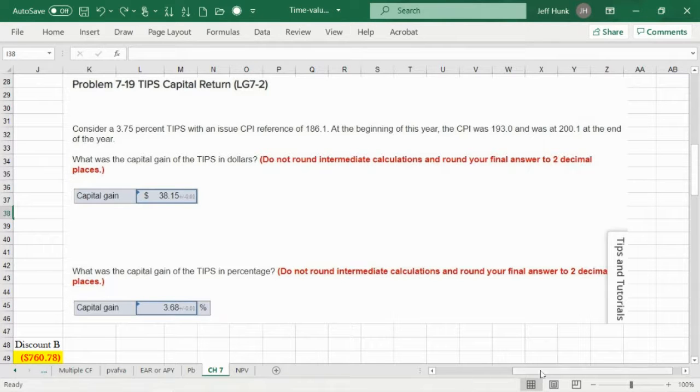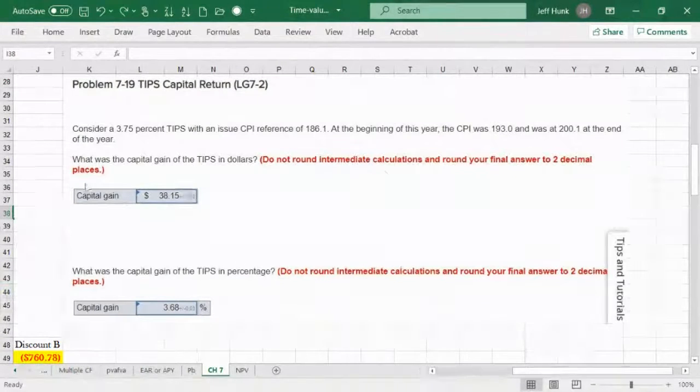So TIPS is basically making an adjustment for inflation. What TIPS does is adjust the par value, and the maturity value, for inflation, so that as the par value gets adjusted, the coupon interest payment gets adjusted too.